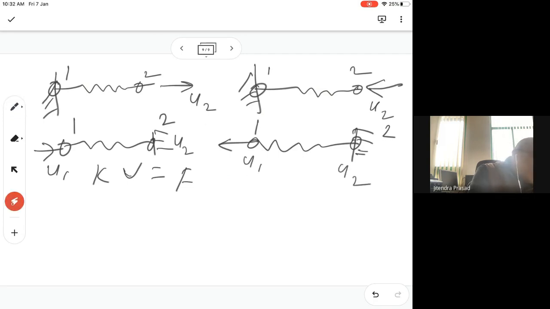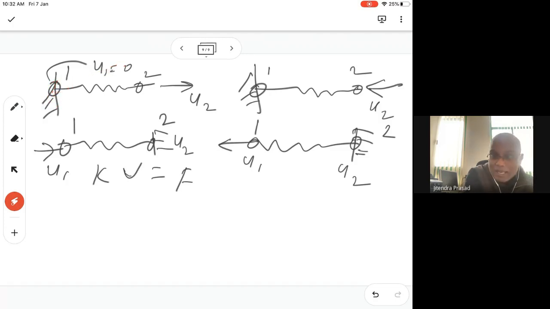The only thing is, you will see here that in this case u1 equal to 0, u2 you don't know, but there is a force given. So either displacement is given or the force is given. It cannot be both. So at node 1, displacement will be 0 because it's fixed, but the force we don't know.